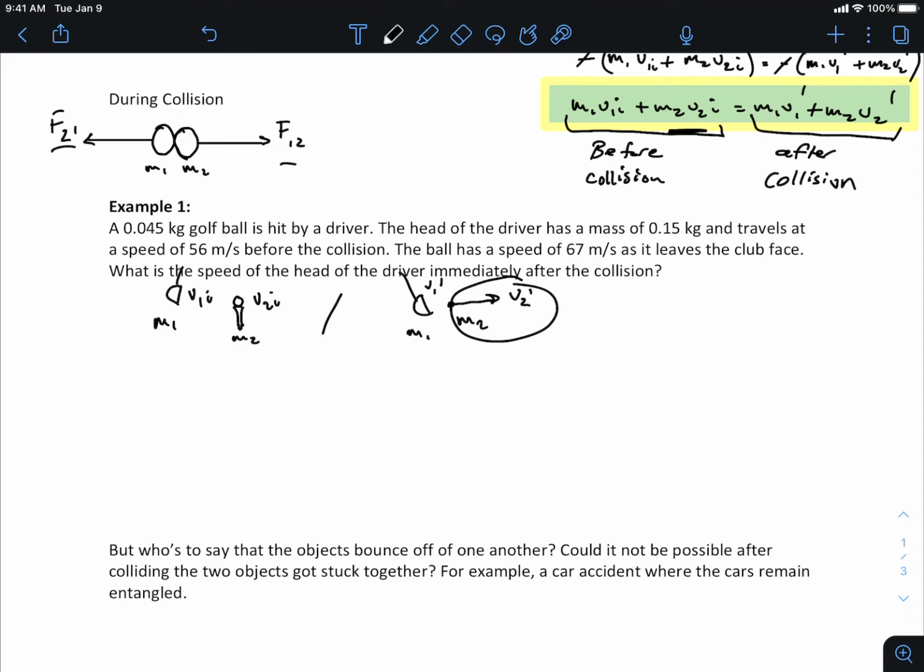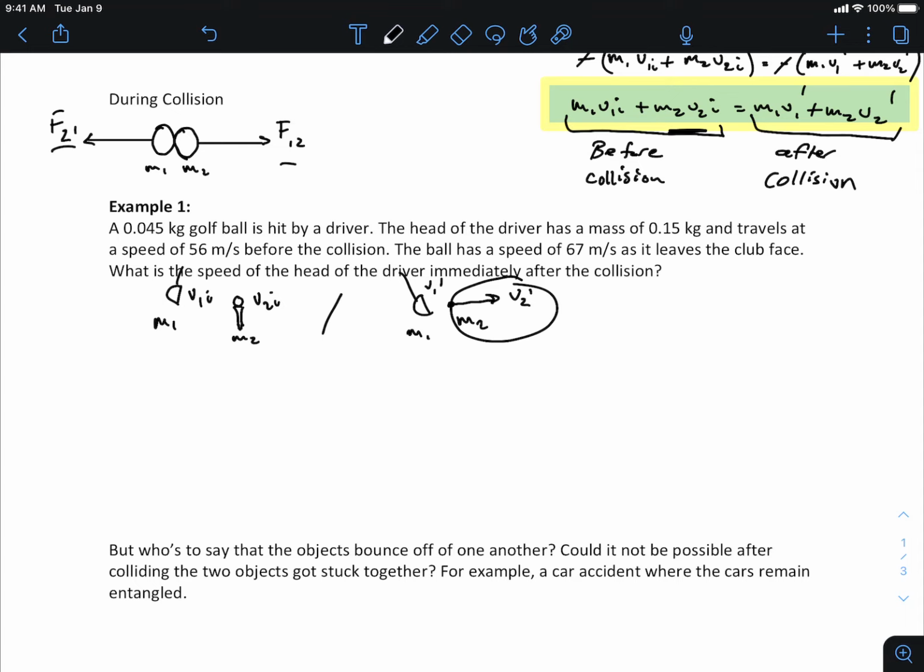And also M2. You could have three objects colliding, but we're just going to do two: M2 V2 initial and M2 V2 prime. It's about keeping track of the objects separately. You have to break the connection in your head with the fact that V2 means final velocity, which is why I try to introduce the notation of final and initial in kinematics.